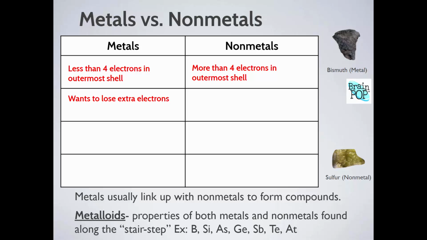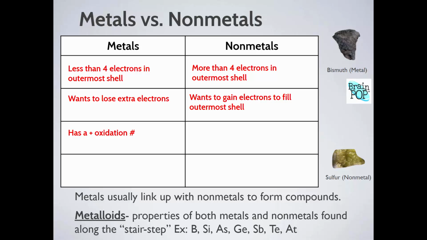Metals, because they have 1, 2, or 3 electrons, want to lose those extra electrons to become stable. What do nonmetals want to do? Gain missing electrons. Metals have a positive oxidation number because they have extra electrons.